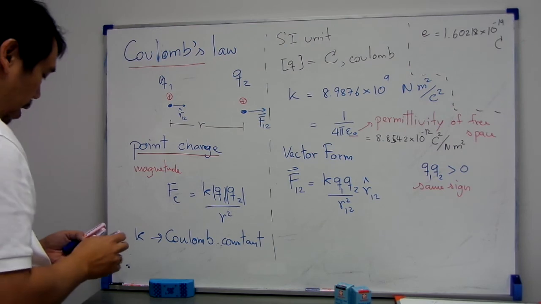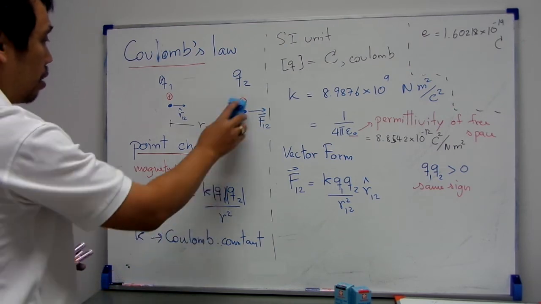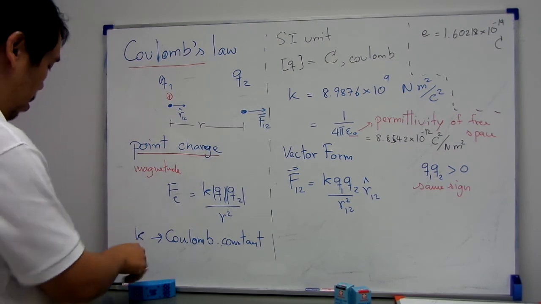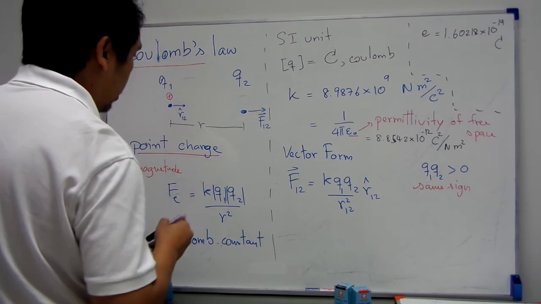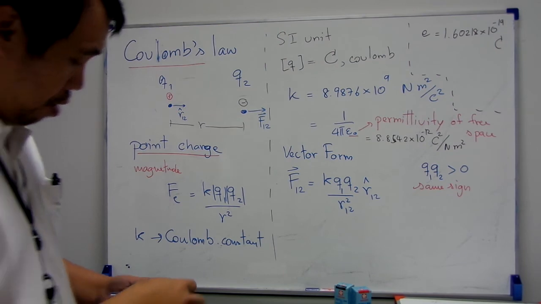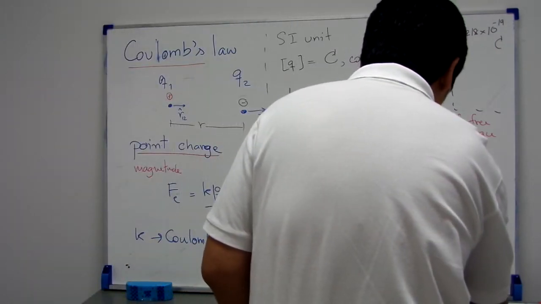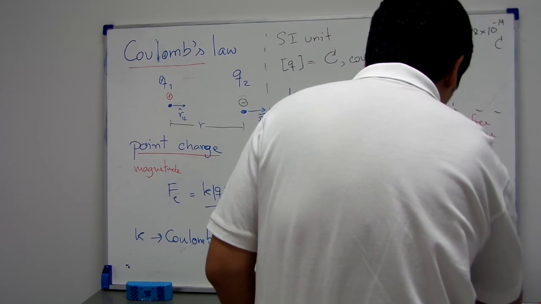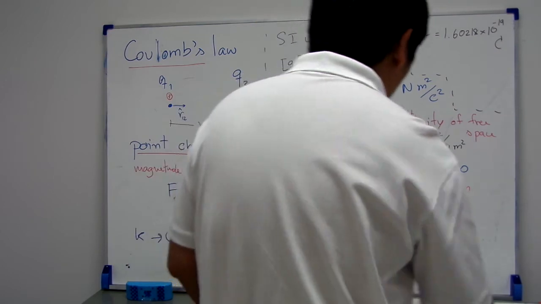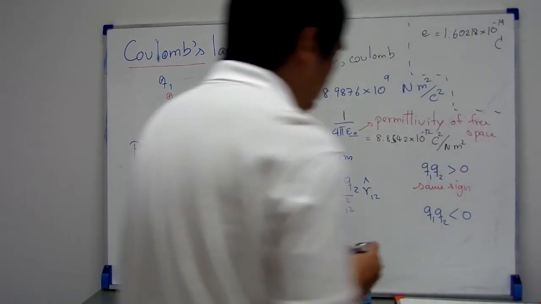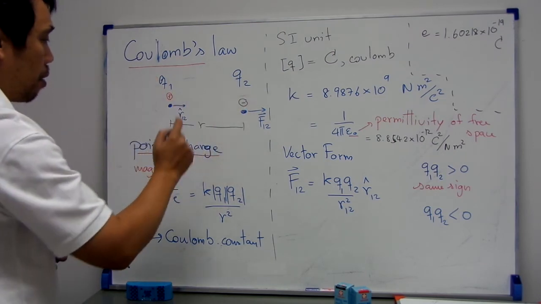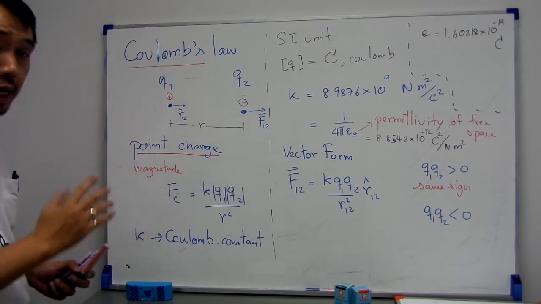Now, if Q1 and Q2 have different signs, for example, if Q2 is negative, then Q1 times Q2 is negative. This is the same if Q1 is negative and Q2 is positive; Q1 times Q2 will be negative.